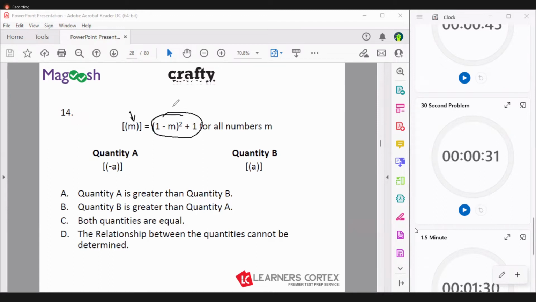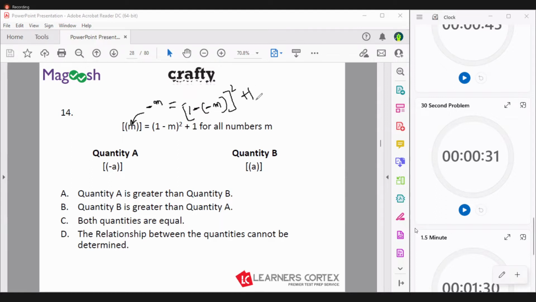So you can basically solve this bracket, but even if you do not solve it, let's keep it this way only. If m is this, then for negative m, it will be 1 minus m, whole squared, and then plus 1.